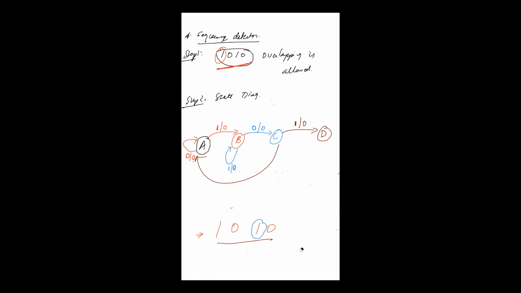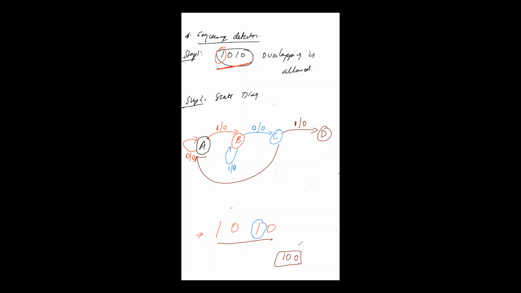If you are at state C, it means you have already got 1 0, and if you get 1, this is part of the sequence. If you get 1, you will move to state D, right? This is not a difficult thing. But if you get 0, this does not fall under your sequence, right?